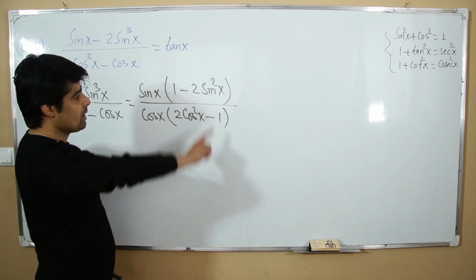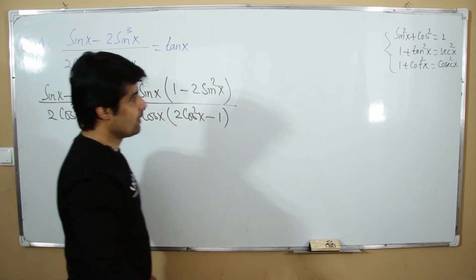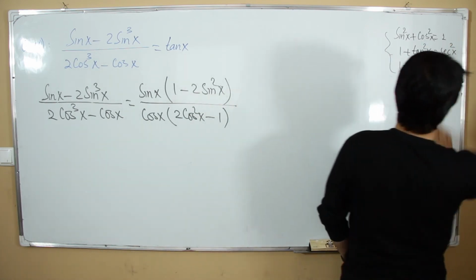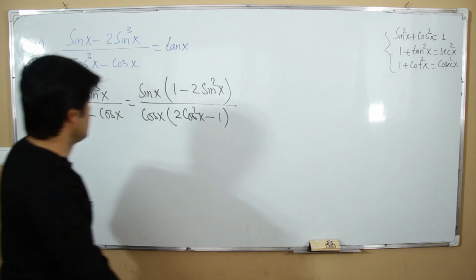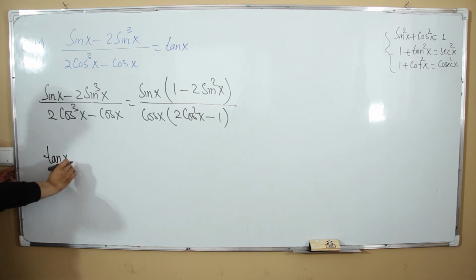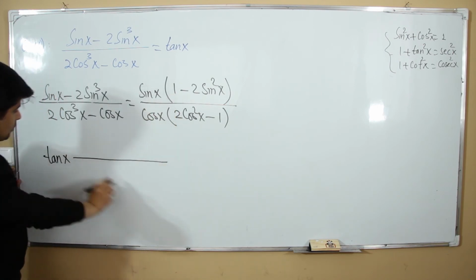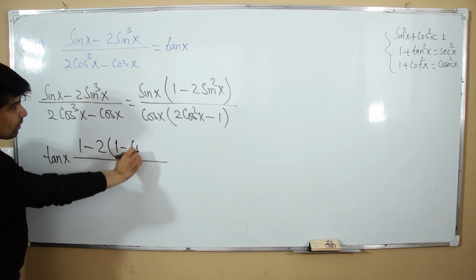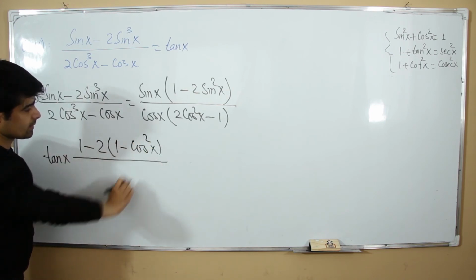What do I mean? In here, instead of sine square, can I write 1 minus cosine square? Yes. So this sine divided by cosine, it is tangent x. 1 is 1 minus 2, and instead of sine square you can write 1 minus cosine square x.